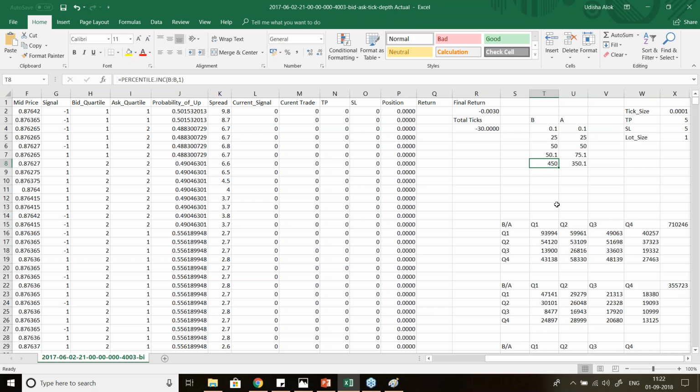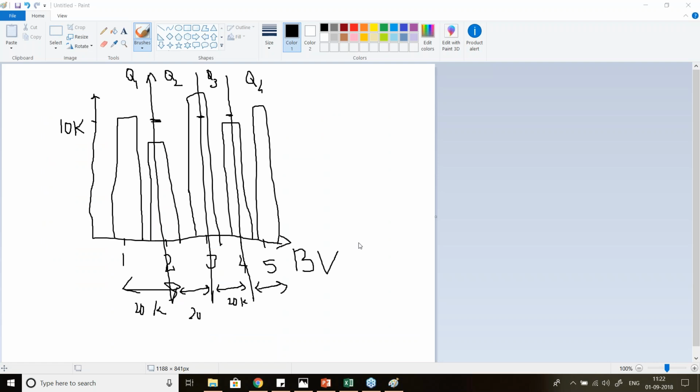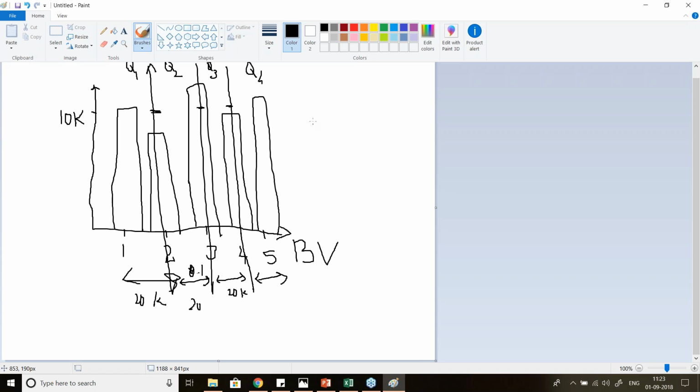50.1 is the separation between 50% to 75%. So as I explained here, probably our distribution is very close. This 2 and 3, this is only 0.1. The difference between 2 and 3 is very small. So your data could look something like this. And 50 is all here, and then again the quartile 3.